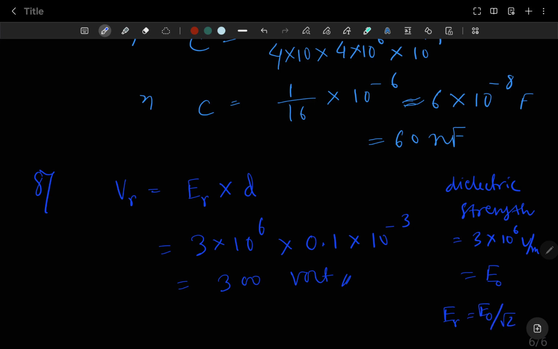So the RMS value has been asked. The RMS voltage has been asked, so this 300 volt is actually the peak value. So we have to divide it by root 2.